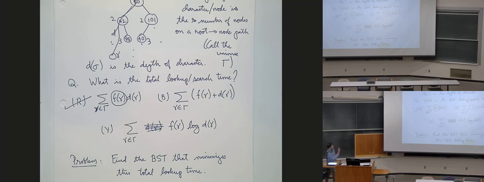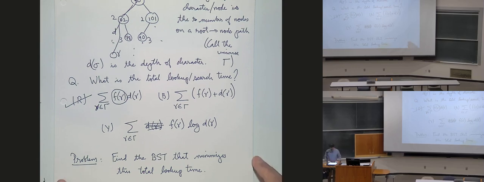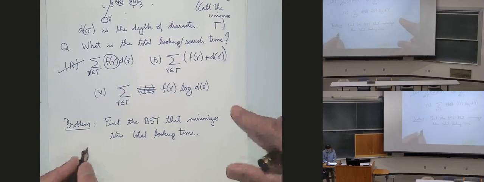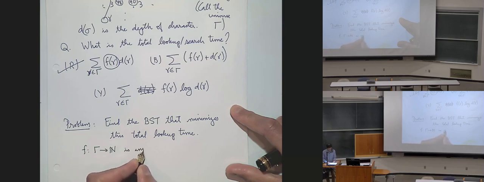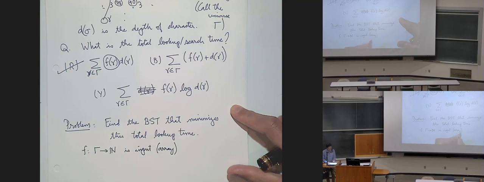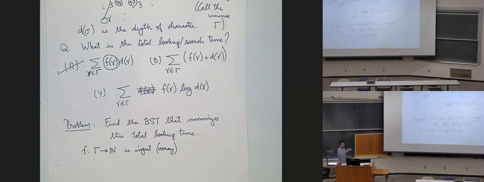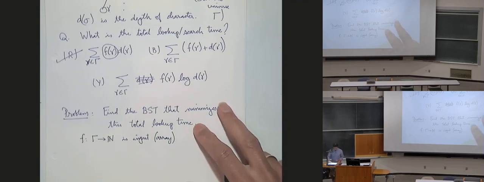It's important to distinguish that the f is like an input to your function, and the d is what you need to figure out. D is what your algorithm is computing. So I'll just state this over here. F of gamma for each of the n symbols is the input, and you can just think of this input as like an array. It's just an ordered universe, and I'm just telling you the frequency for each.